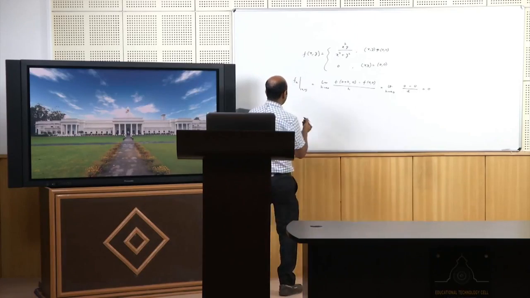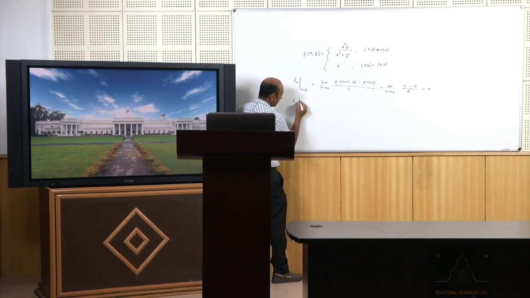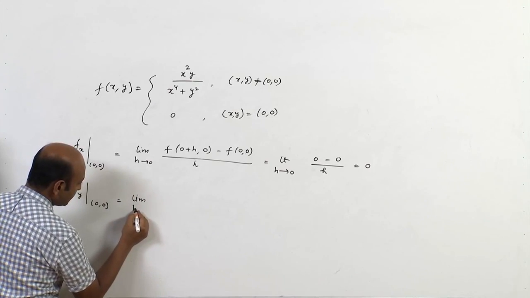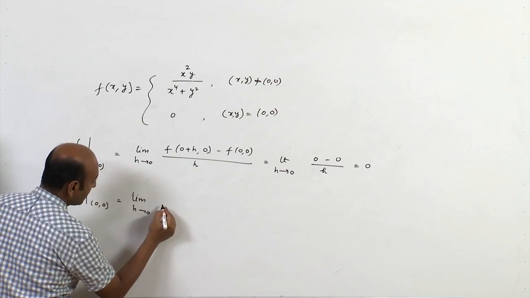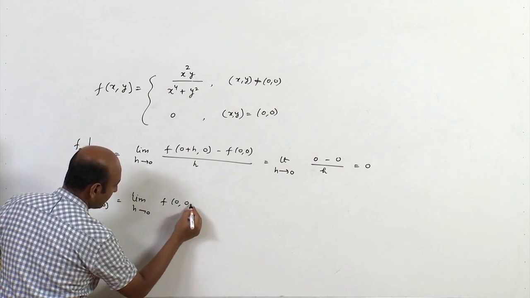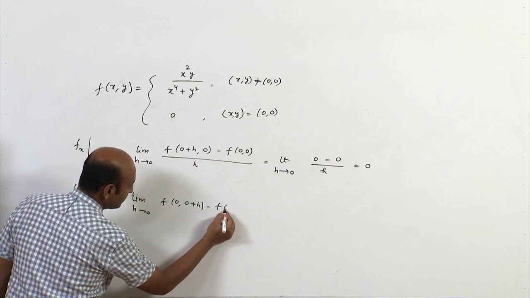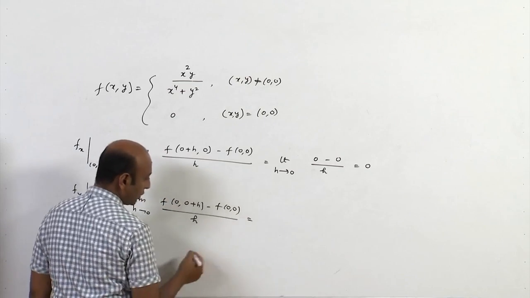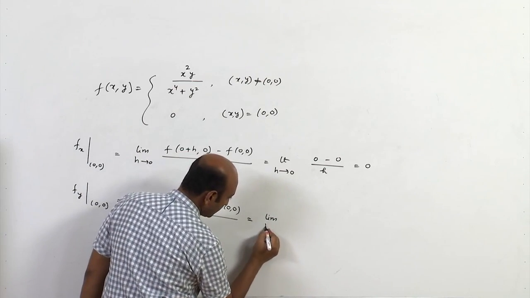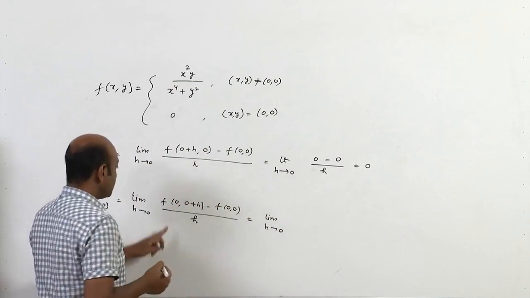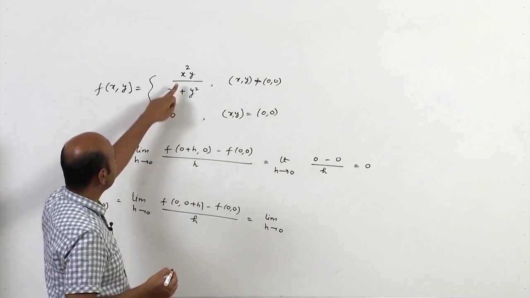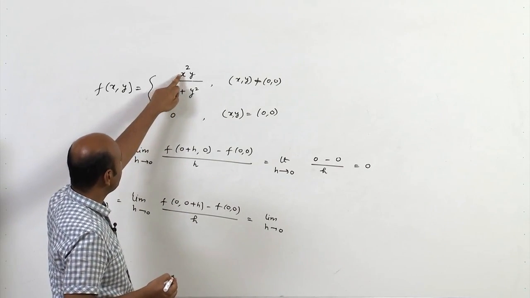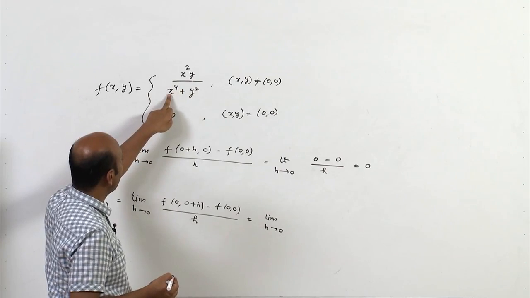Now, again when you compute f y at 0 comma 0, it is limit h tending to 0 f of 0 comma 0 plus h minus f 0 0 upon h, which is again equal to limit h tending to 0. It is 0 comma h, you replace x by 0, y by h.